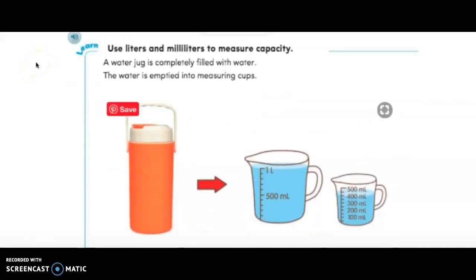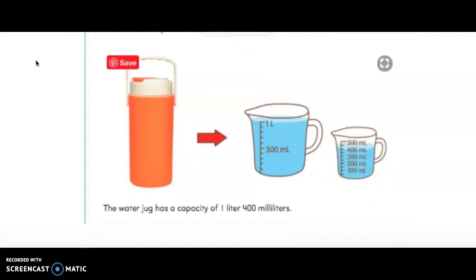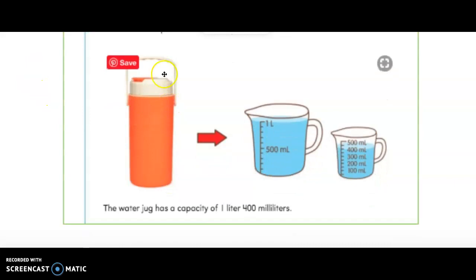Now, this water jug is filled completely with water. The water is emptied into measuring cups. So now this is telling us the capacity of this jug, because they're pouring everything out into these two to figure out how much it takes to fill this water jug completely.